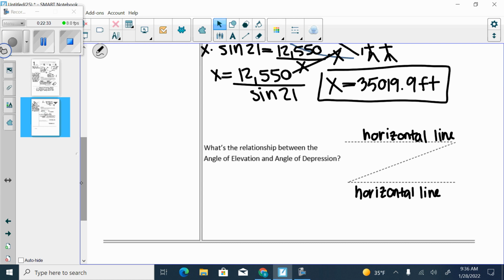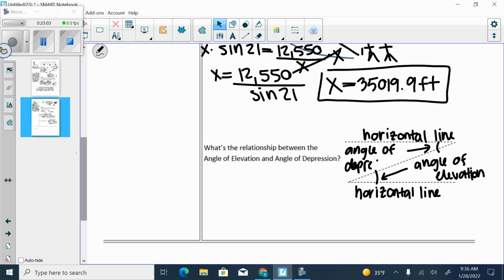And then it's just your line of sight from that point, right? So they both have this horizontal line. This one would be looking up, so this would be our angle of elevation, while this angle would be somebody looking down, so angle of depression.